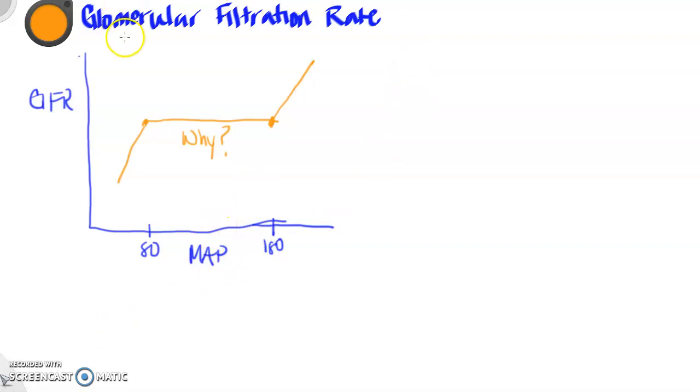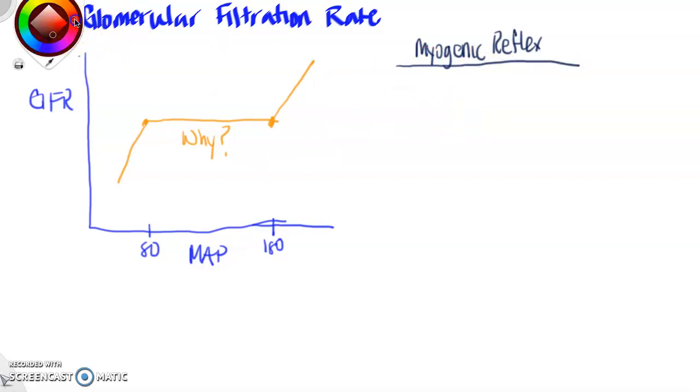So the first mechanism that the kidneys use is something called the myogenic reflex. Put that over here. Myogenic reflex. So myogenic, you should be thinking muscle, something about the muscle.